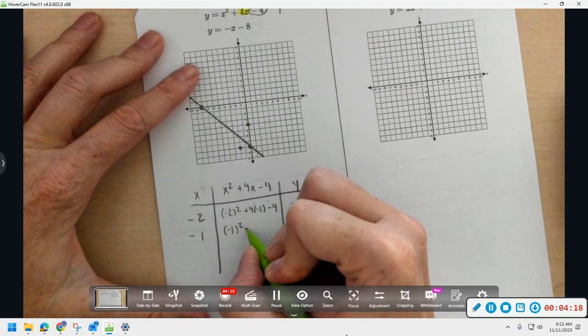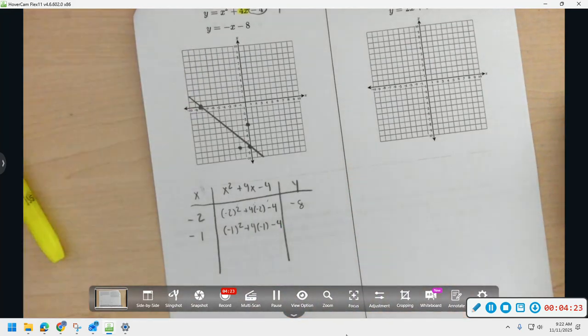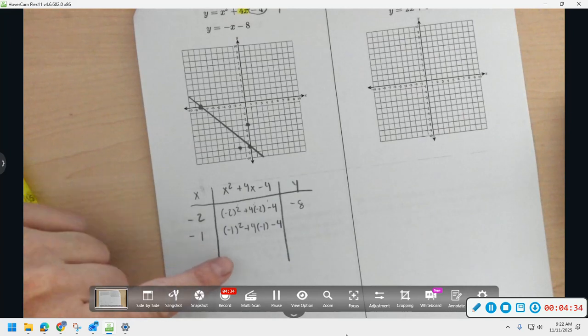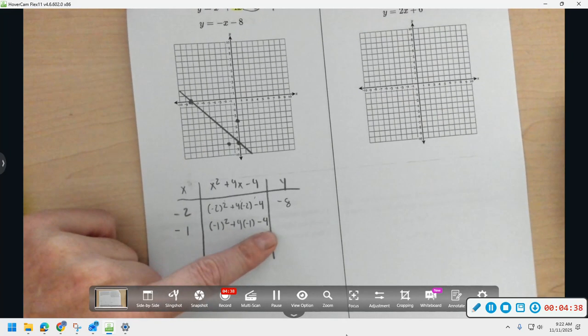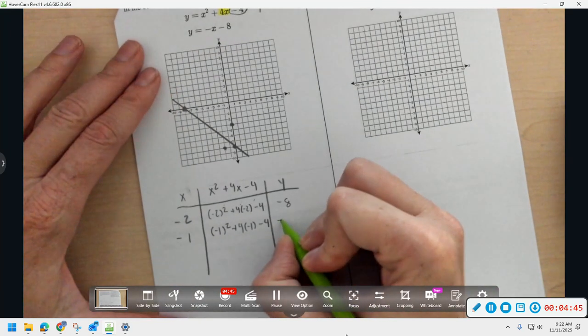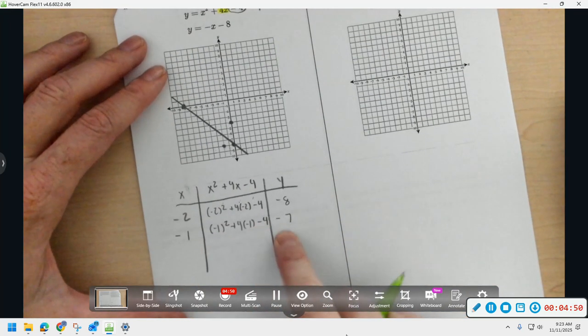So negative 1 squared plus 4 times negative 1 minus 4. So I get 1 minus 4 minus 4. So 1 minus 4, negative 3, minus 4, negative 7. So my next point is at negative 1, negative 7.